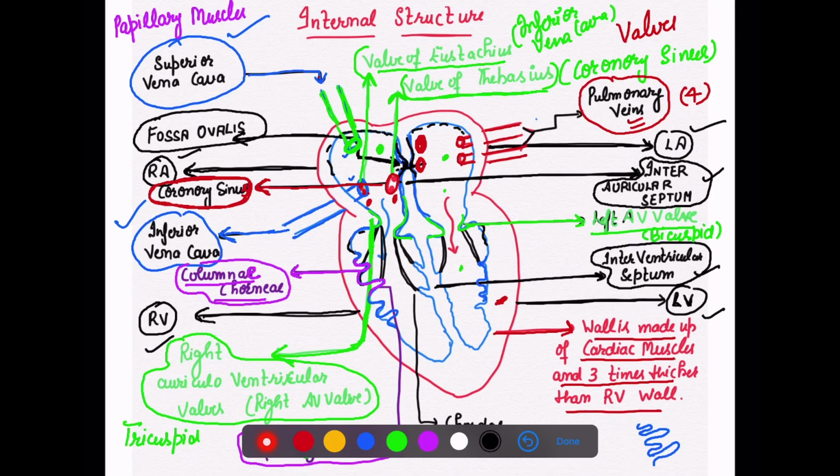Let's make them again, I will draw it in front of you. These ridges, these papillary muscles, are attached with flaps. Which flaps? Flaps of your valves, bicuspid and tricuspid valve.